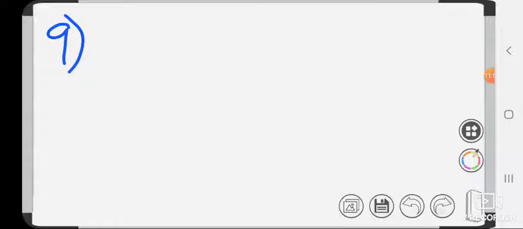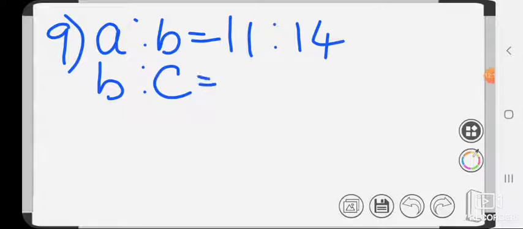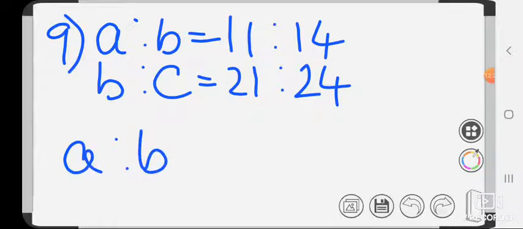Find A is to B is to C. Given that A is to B is equal to 11 is to 14 and B is to C is equal to 21 is to 24. Now we have to find A is to B is to C.